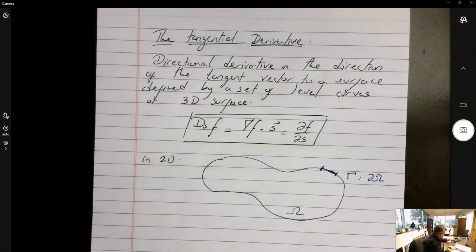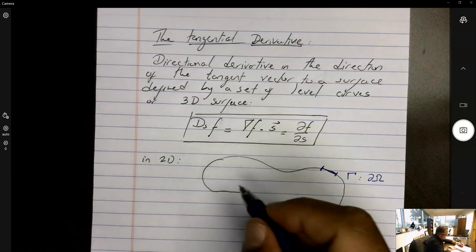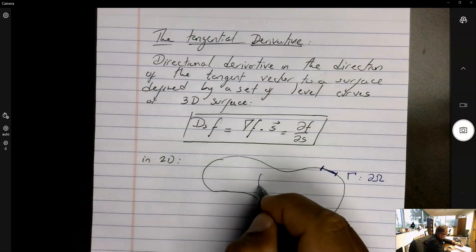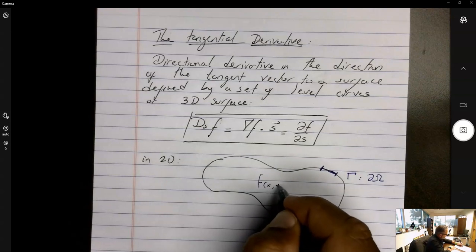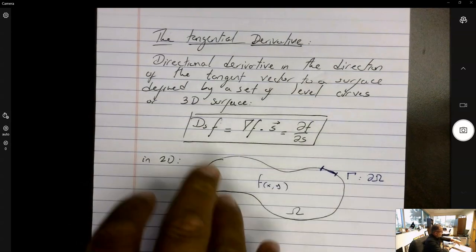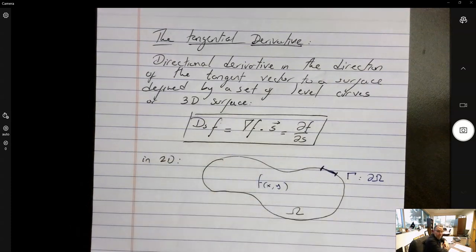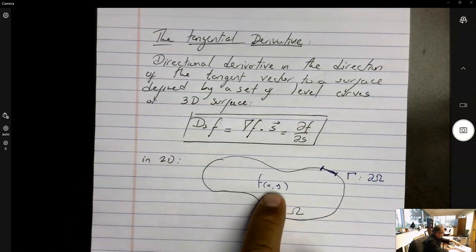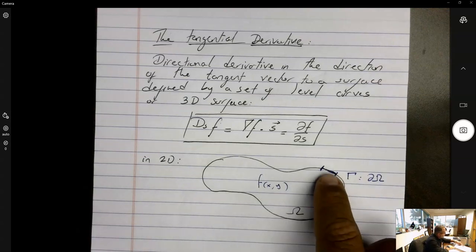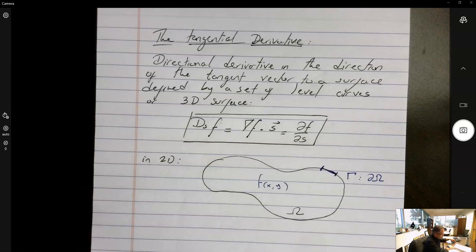And again, let's say that we have f in here, f of x and y, in 2D. f doesn't define the region. f is just some scalar field that is valid within that region, and we want to calculate the derivative of that field, maybe the temperature, normal to or tangential to the surface.